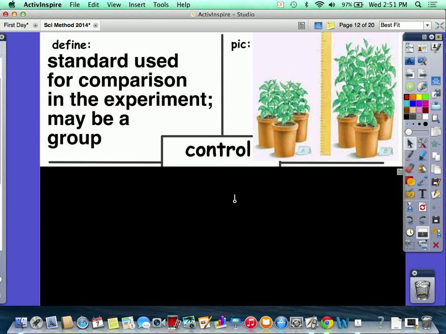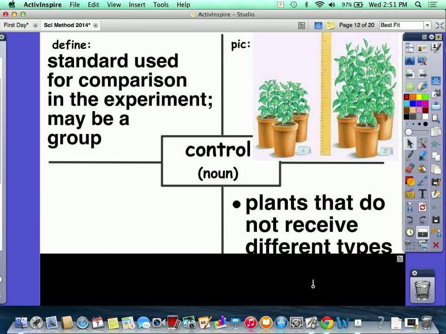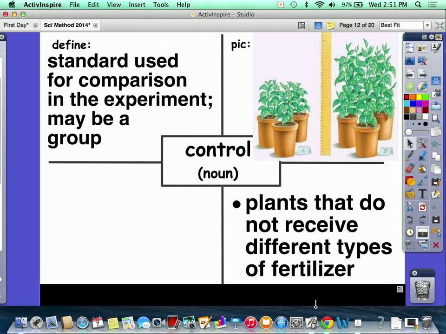And a control can be a single thing, or it could be a group, like in our drug experiment. This group of people represents the control. This group represents the experimental group. In our experiment with our plants, the control was the plants that do not receive any type of fertilizer. We're comparing the ones that did get it to those that did not.